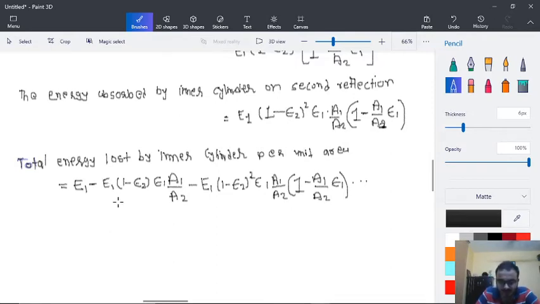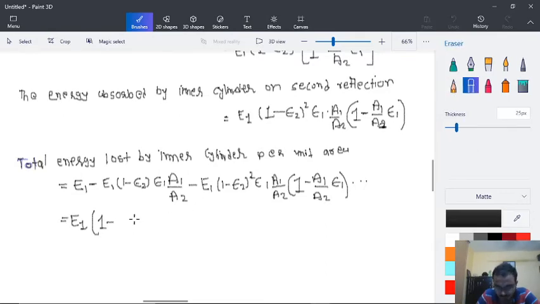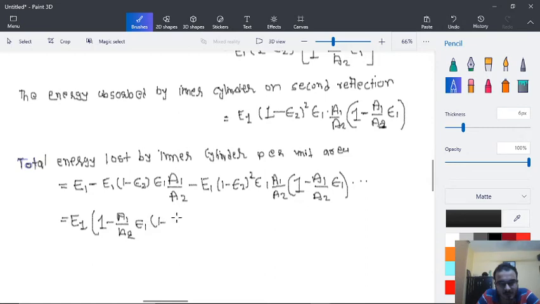So here we can take E1 common, so here we are getting 1 minus, let's keep A1 upon A2 first. A1 upon A2 epsilon 1 into 1 minus epsilon 2.